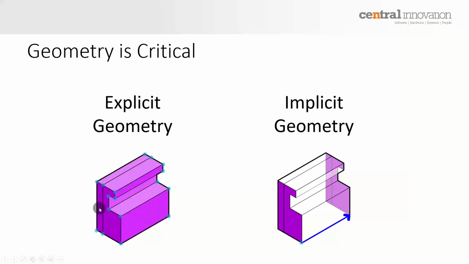Now, explicit geometry also has a role in those pieces of software, and you can think of that inside Archicad for the morph tool and the mesh tool as being good examples.